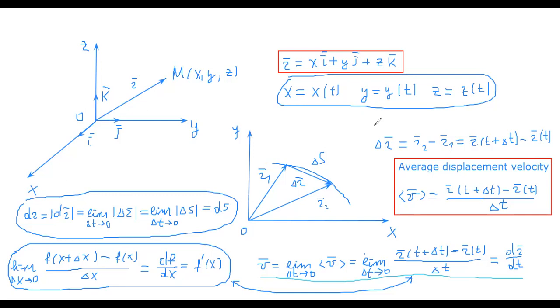For example, if the distance between A and B is 100 kilometers and velocity is 50 kilometers per hour, we can calculate that 100 kilometers divided by 50 kilometers per hour results in 2 hours.